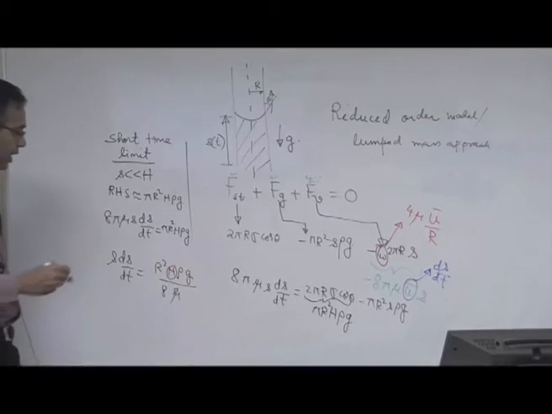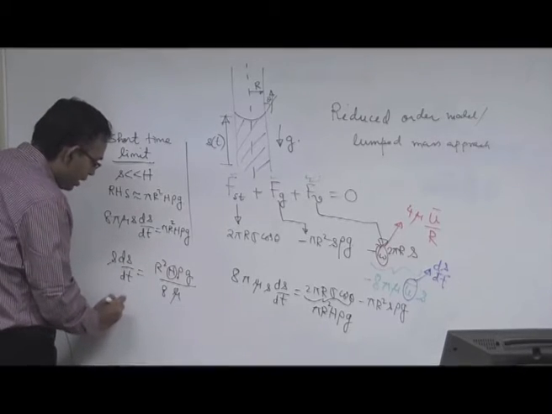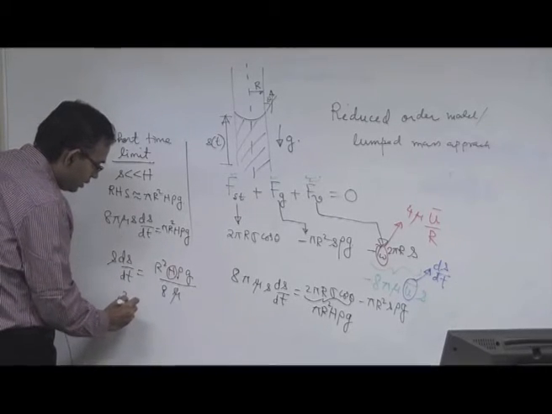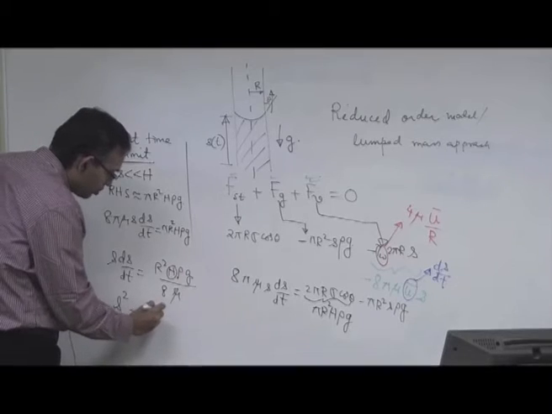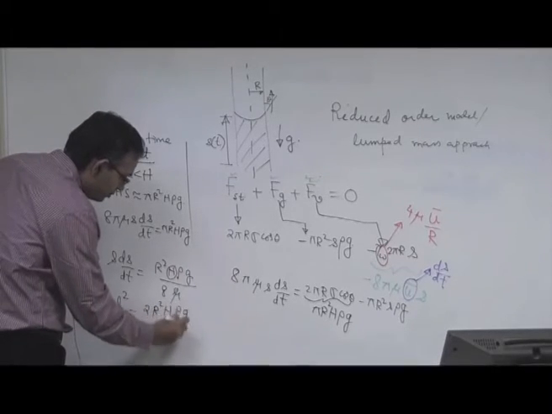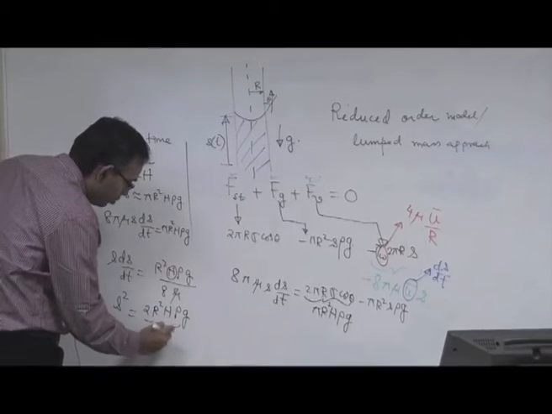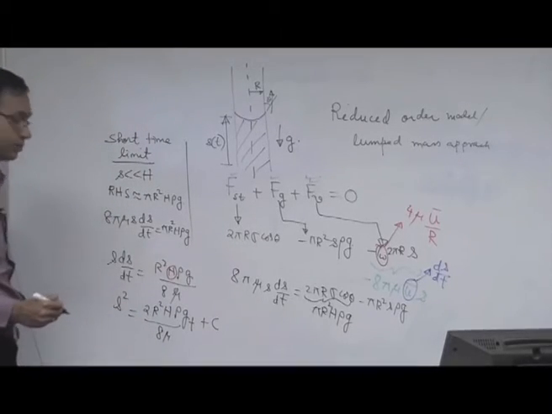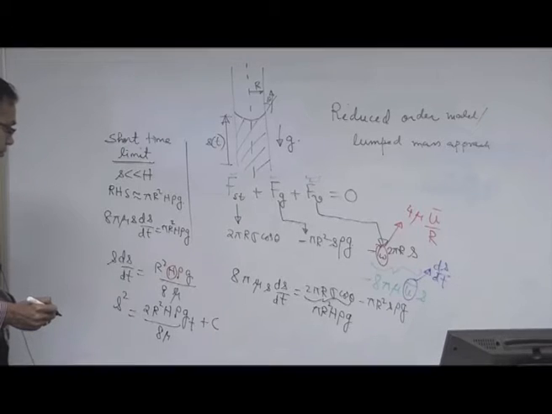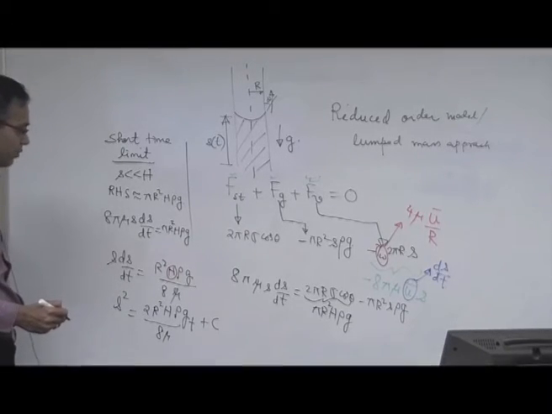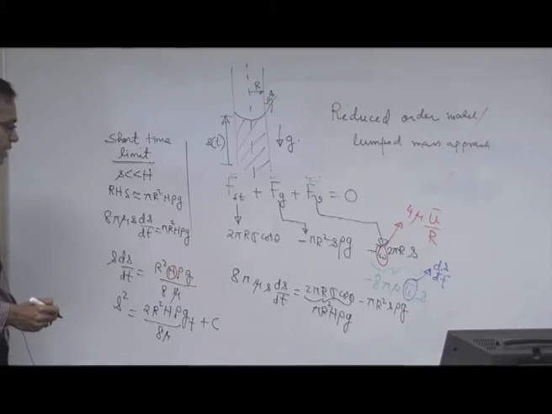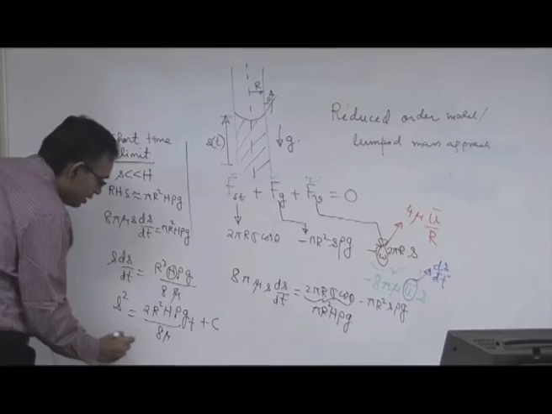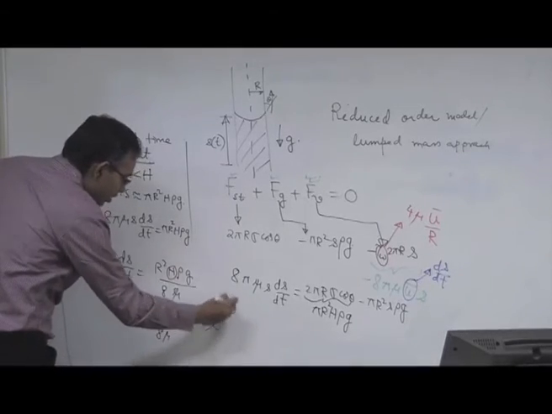So, now if you integrate this, then you can write s square is equal to 2 r square H rho g by 8 mu t plus c. And if you take the limit that at t tends to 0, s tends to 0, then we can clearly see that this c will be 0.